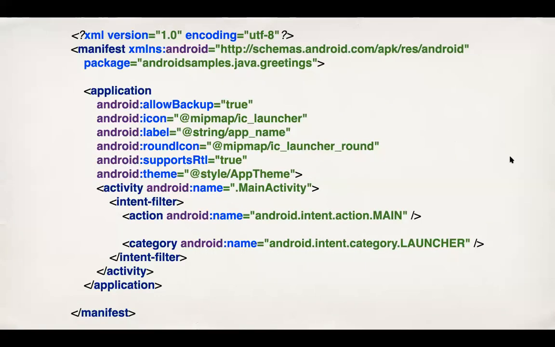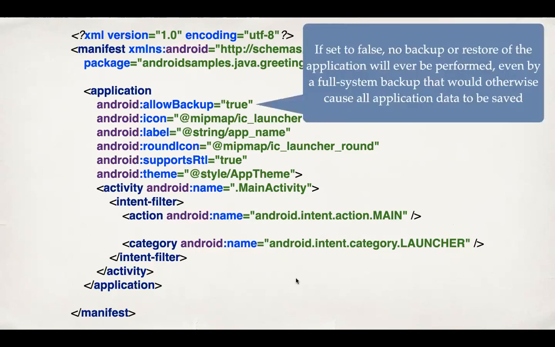All right. Finally, some other interesting attributes on the manifest file here. So first of all, the allow backup attribute is by default set to true. What it means is it will allow creating backups, as it says. If it is set to false, it won't allow any backup or restore of this application, even when a full system backup is taken.